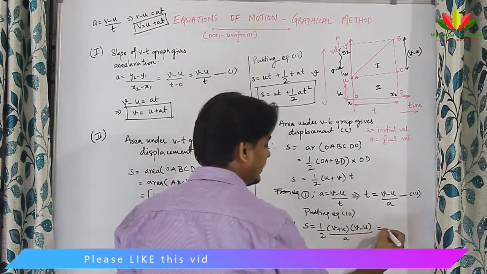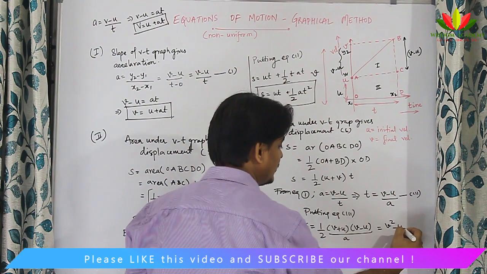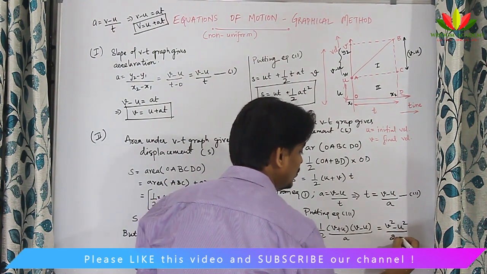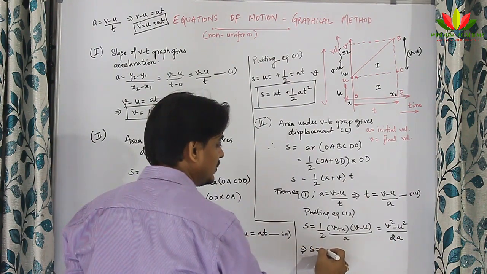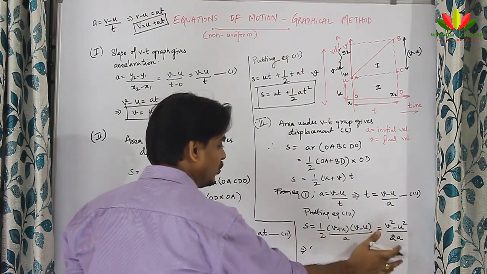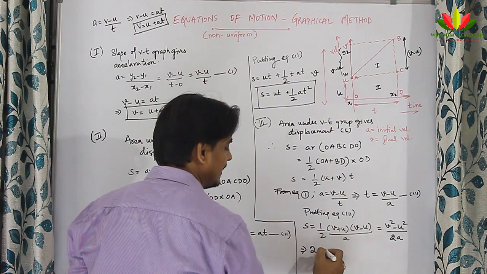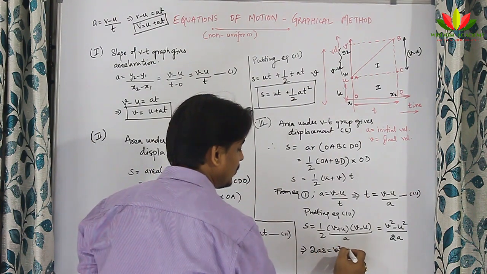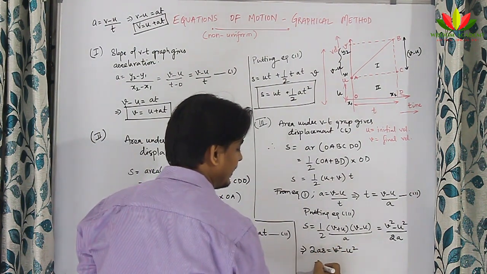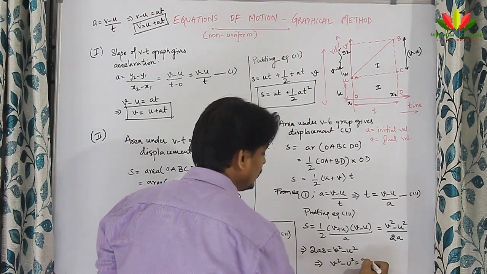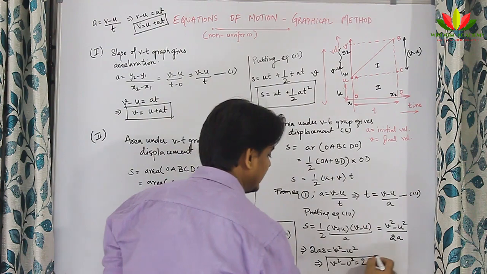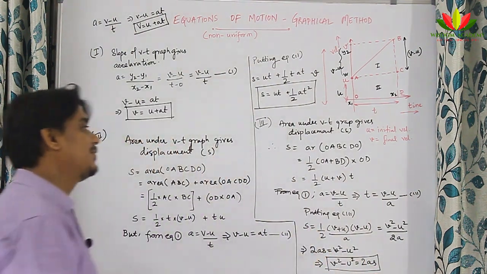So, I get here (V square minus U square) by 2A. So, I get S is equal to... or I will make these two things go here, I will get 2AS is equal to V square minus U square, or I can write V square minus U square is equal to 2AS. This is the third equation of motion.